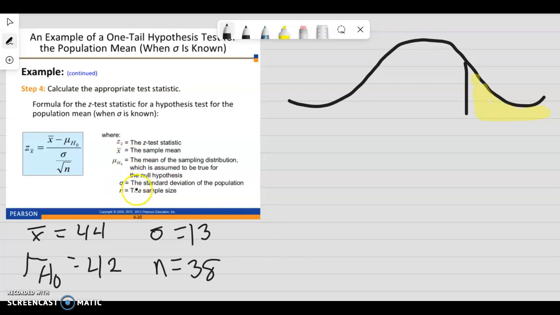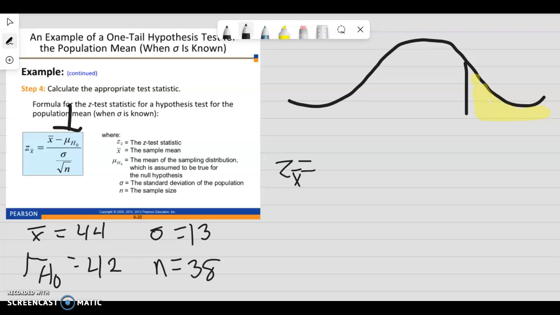Okay, and then I think we're ready to plug in for our formula. So our test statistic for our sample is going to be, and I'm just going to go ahead and plug in the numbers. We have the formula over here. Do y'all see the formula here?